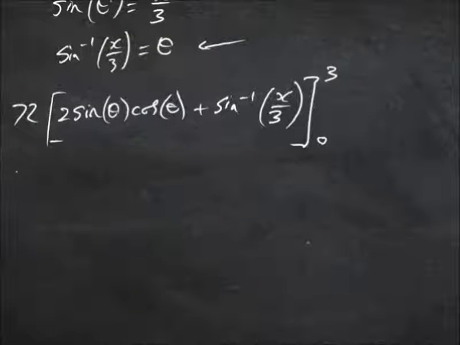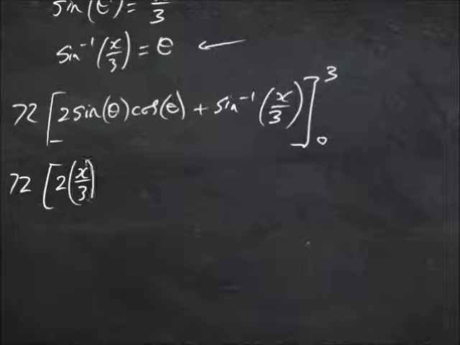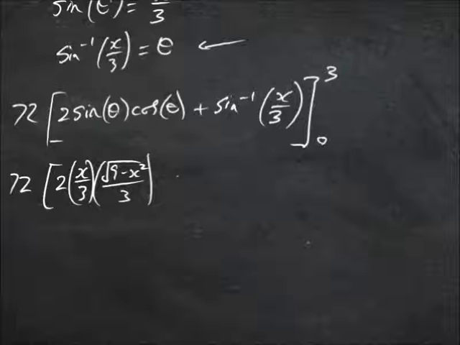We can rewrite this as 72, and this has an equivalent 2 times sine theta, which we know is our x on 3, and cos theta, which we know was our square root of 9 minus x squared over 3, plus our inverse sine x over 3.